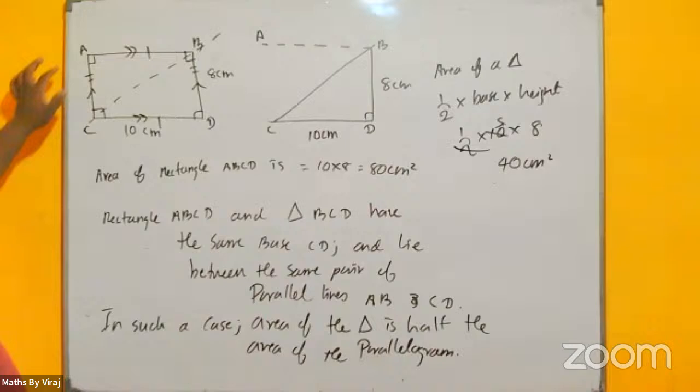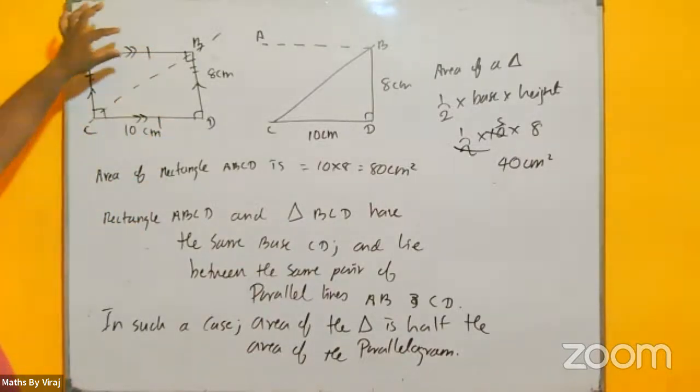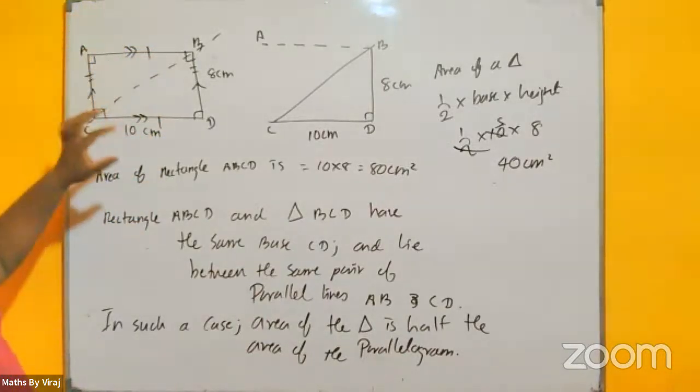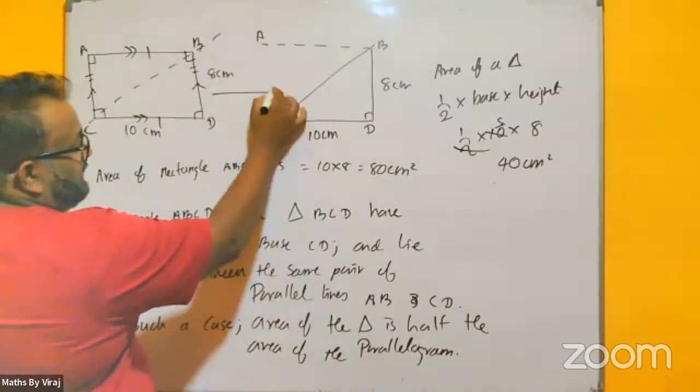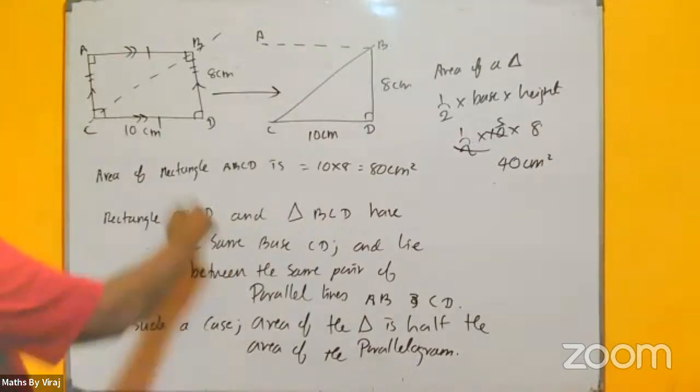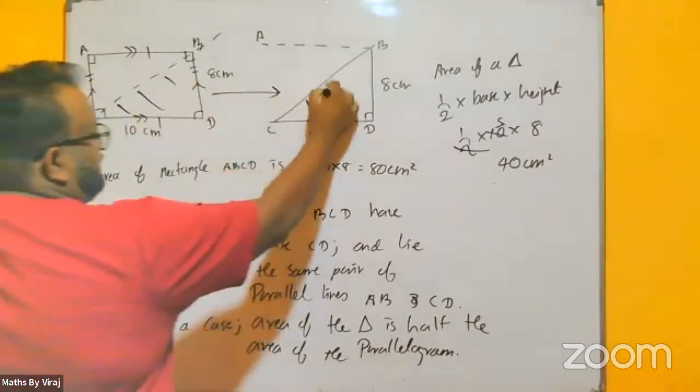Here the parallelogram is the rectangle ABCD. As you can see, opposite sides are parallel and equal. And now we have a triangle out of it.